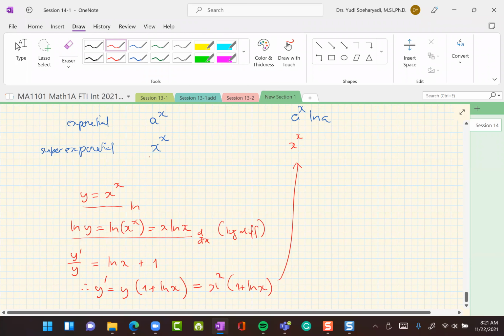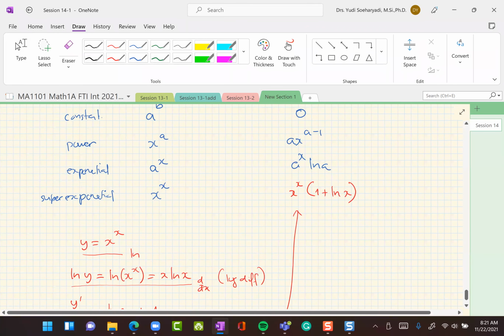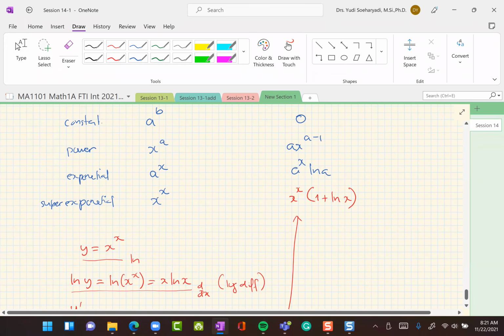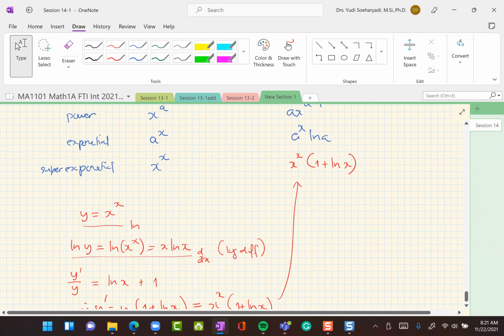Again, you have that super exponential multiplied by something else, this factor here. Okay, you don't have to memorize this one. Just remember how to apply that log differentiation.